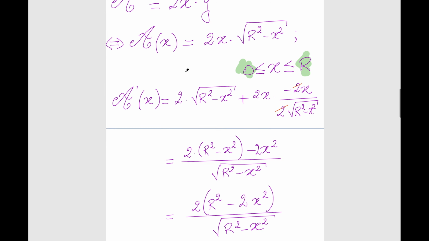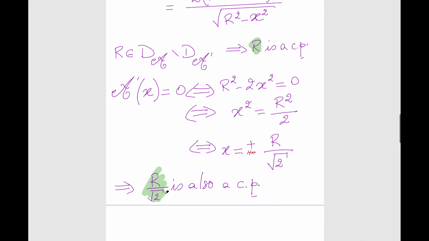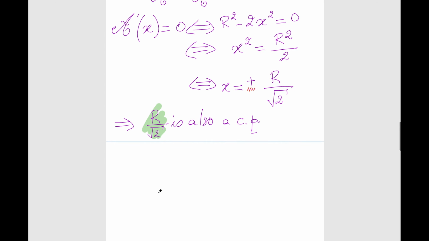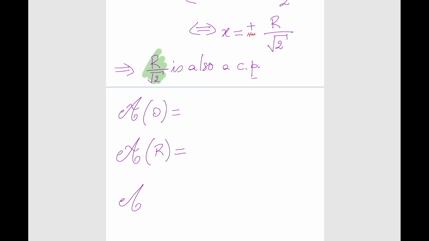Makes sense? So I'm going to evaluate A at 0 and r, that's another time, so you don't have to do it twice, obviously, it's the same, and this guy. Makes sense? And whichever is the highest is going to be the maximum value that A can take. So I'm going to evaluate A at the lower endpoint, at the upper endpoint, and at the critical points, but one of the critical points is r, so it's already there.